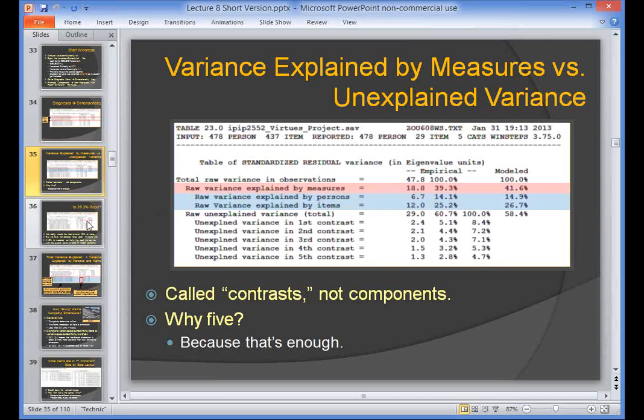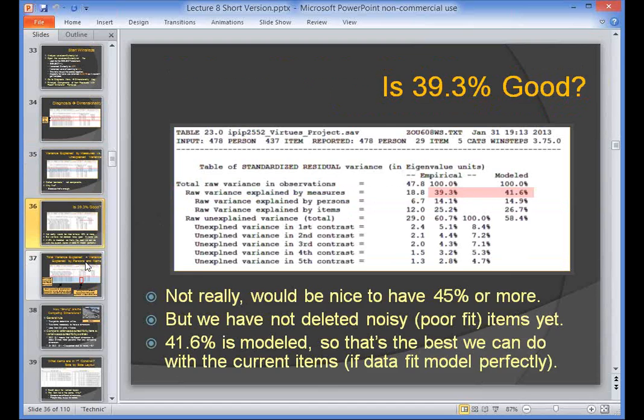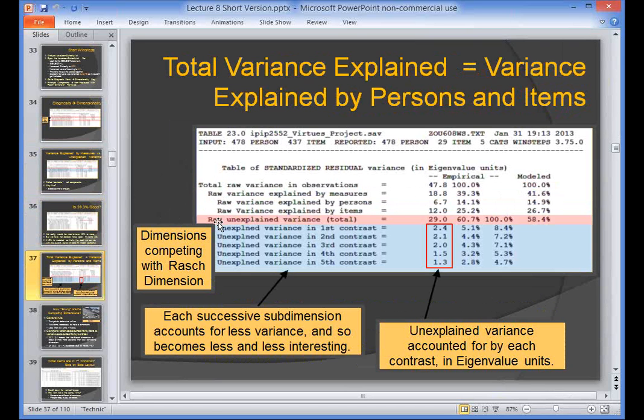And then underneath that, you're going to notice that there is raw unexplained variance, and you can see that the raw unexplained variance is 60.7%. And then I've got a little red box drawn around some numbers here, and you'll see that it says unexplained variance in first contrast, second contrast, third contrast, and so forth, all the way up to the fifth contrast.